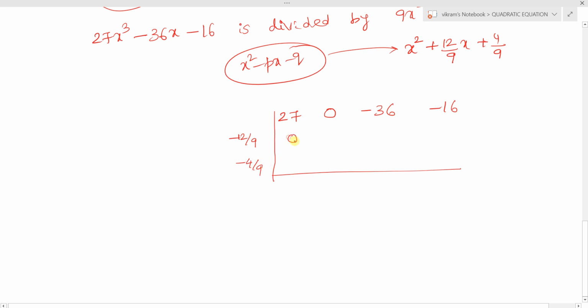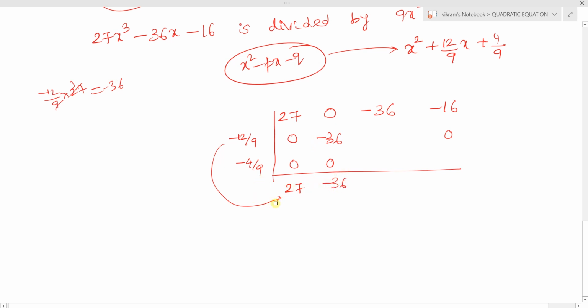The first row entries are 0. Now add the elements: 27. Now multiply: minus 12/9 into 27, nine threes are 27, gives minus 36, which has to be placed here. Add this, so minus 36.